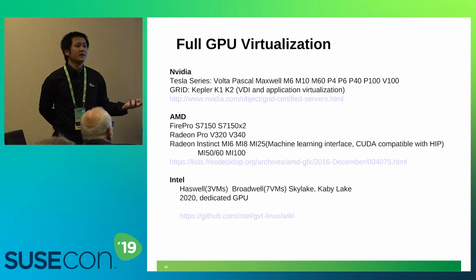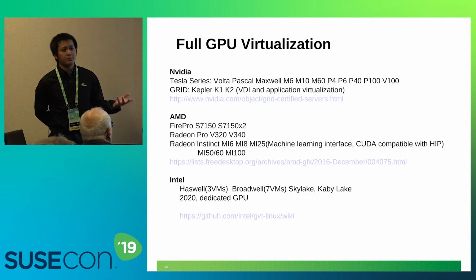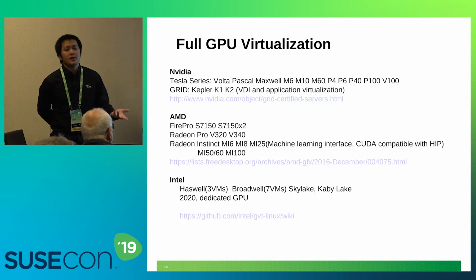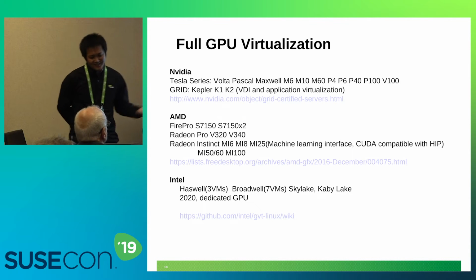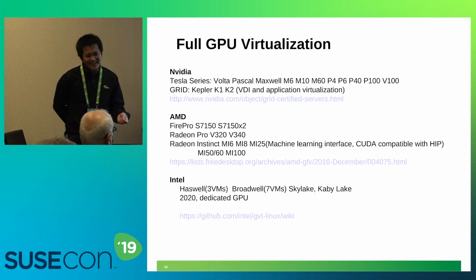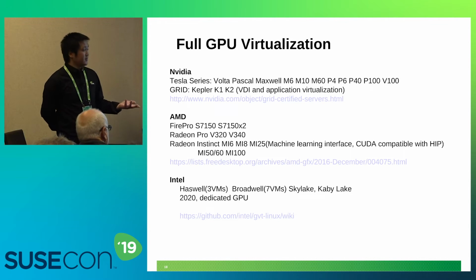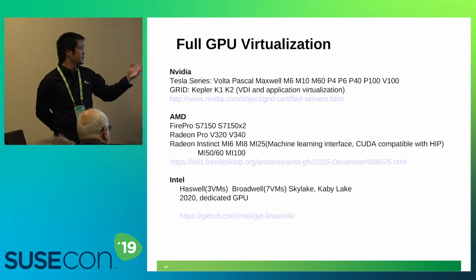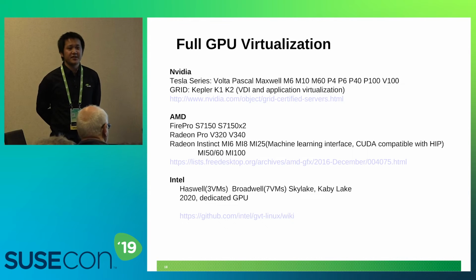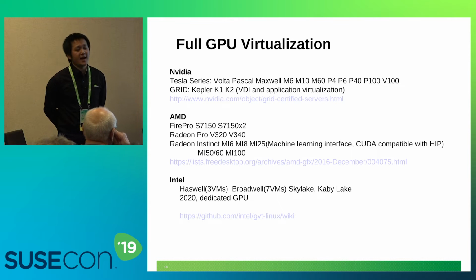This is their focus now. It's mostly for computing. Earlier MI6, MI8 and MI25, and today they are going to release MI50 and MI60, and they have MI100 in the future.